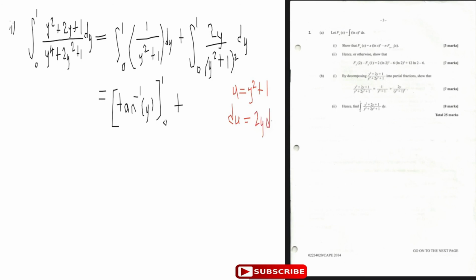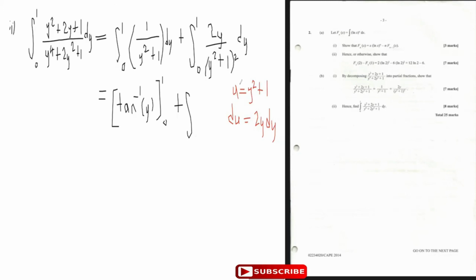All right, so what I'm going to do then is rewrite this as the integral from 0 to 1 of 1. And then I'd have to change the limits of the integral because u is y squared plus 1. So when y is 0, the lower limit becomes 1.